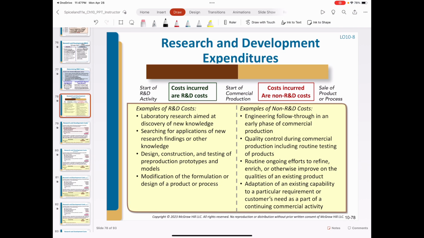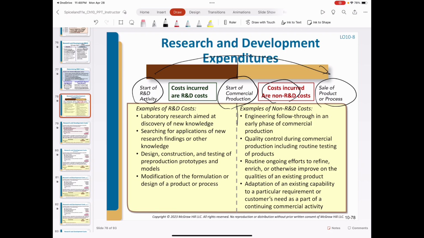From R&D activities, finally, to the sales of a product or process, it is a long journey. There's a clear boundary for whether a cost should be recognized as R&D expense or non-R&D expense. The boundary is the start of commercial production.